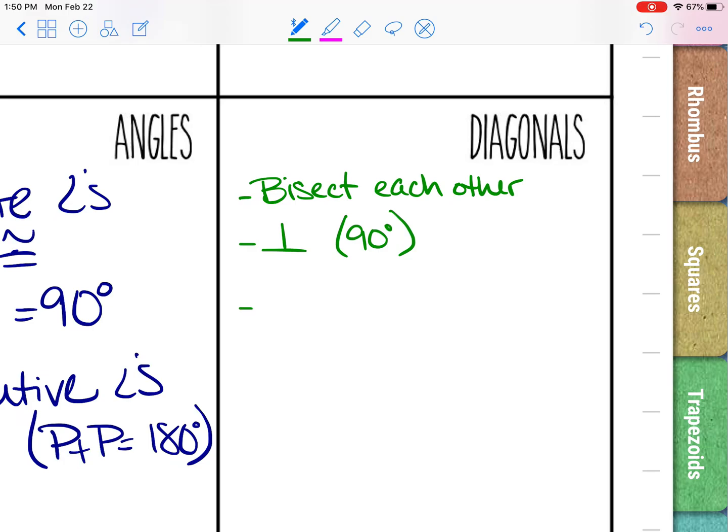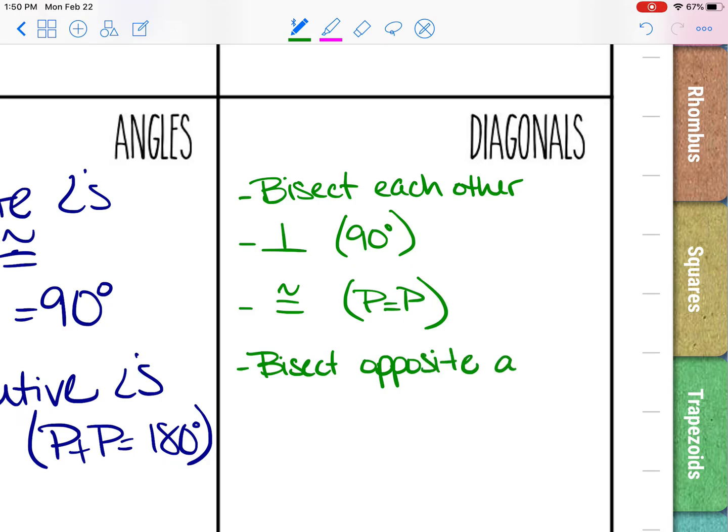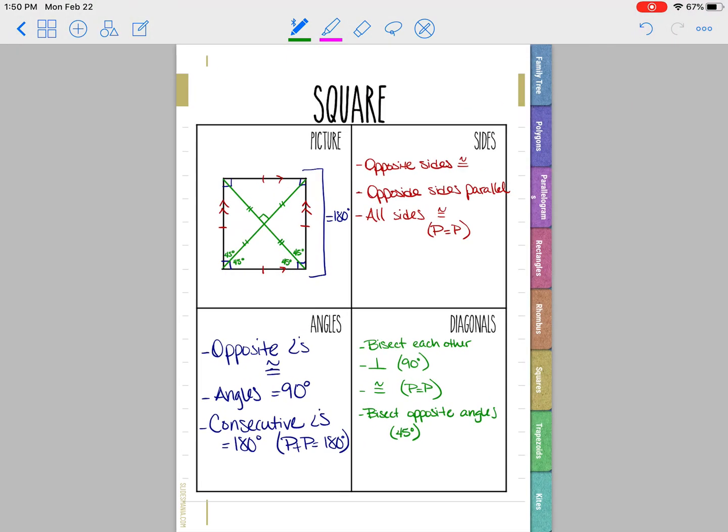The diagonals are congruent, so part equals part, which means all 4 pieces are congruent, and they bisect opposite angles. And I'm going to just put that 45 degrees to remind yourself, because they're right angles and they get cut in half, they'll always be 45 degrees. And there are your 10 square characteristics.